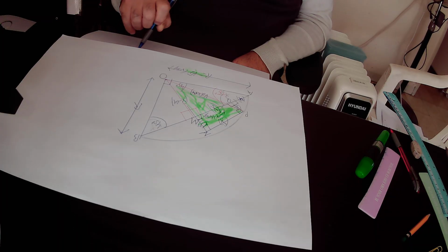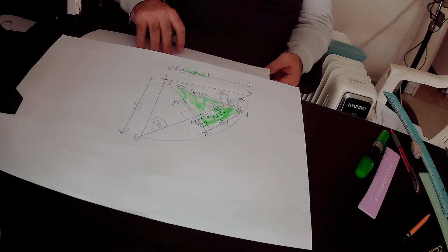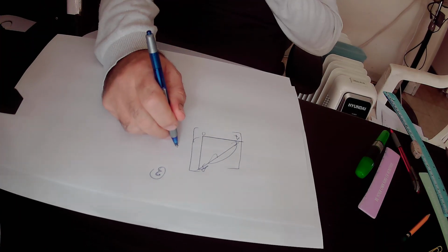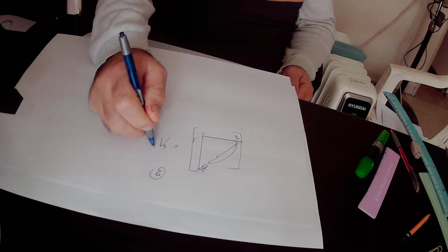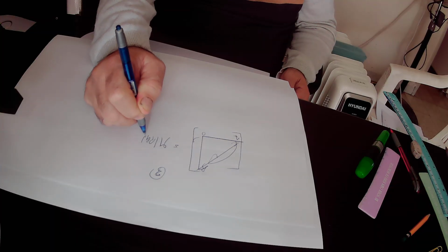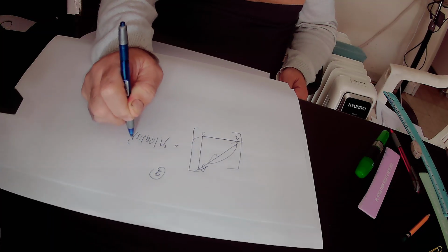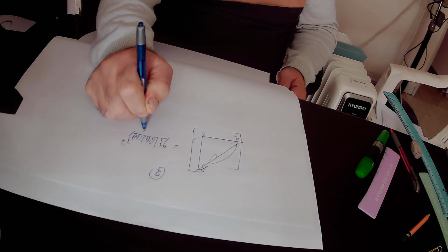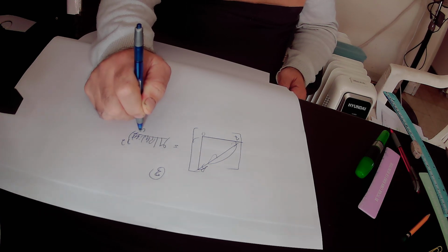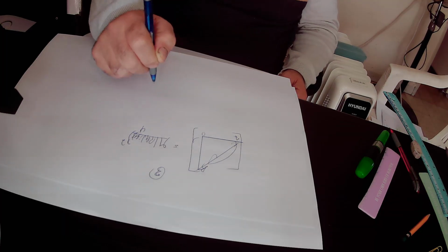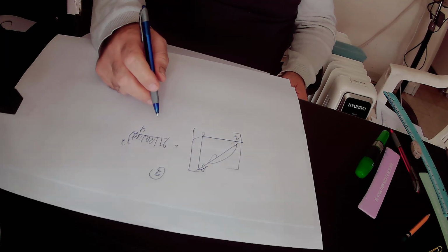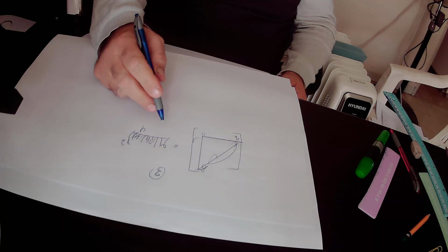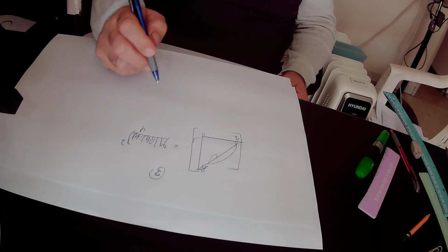The area of any quarter circle equals pi times the radius of the circle squared, over 4, because the quarter circle is 1/4 of a circle. Therefore, we have to divide the area of the circle, pi r squared, by 4.